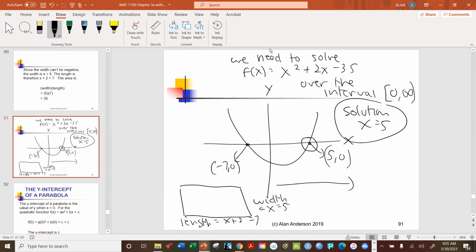So the dimensions of our table are, in fact, 7 by 5, which is 35 square feet. And that's what we wanted. The length is 2 feet greater than the width, and the area is, in fact, 35 square feet. So that must be what we need to do to build this table.